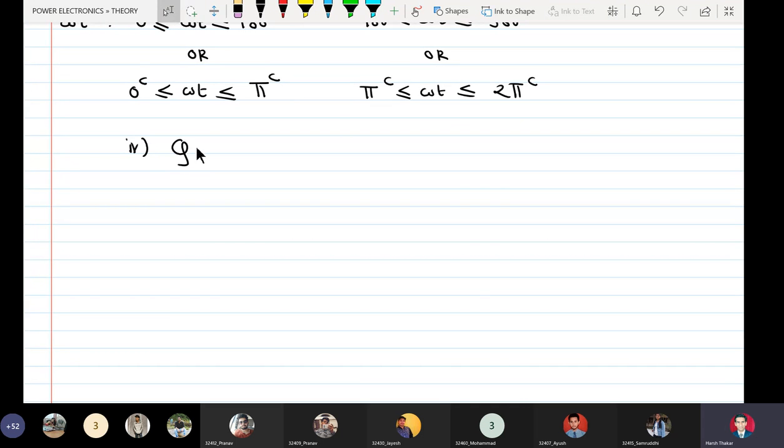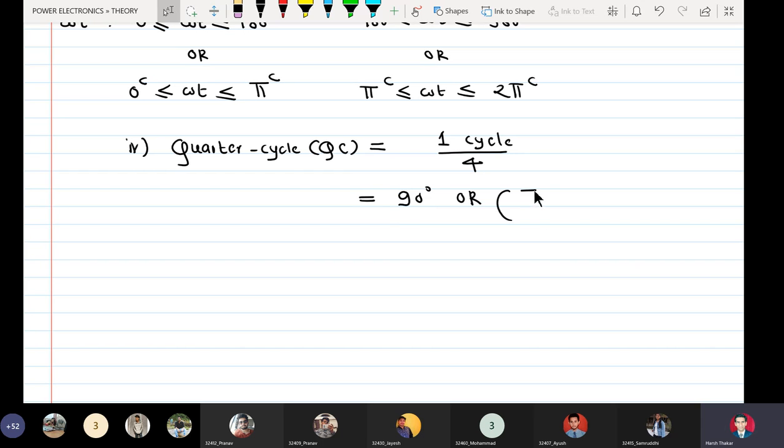When we say quarter cycle or QC, it is equal to 1 cycle divided by 4. So 1 QC will be equal to 90 degrees or pi by 2 radians. Okay, so we have quarter cycle, we have half cycle, and we have full cycle.